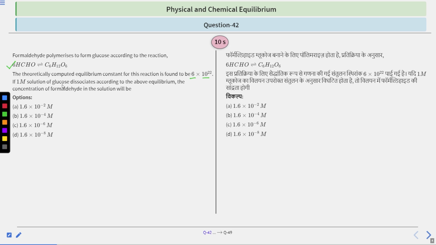If a 1 molar solution of glucose dissociates according to the above equilibrium, the concentration of formaldehyde in the solution will be. Options are 1.6 into 10 to the power minus 2 molar, 1.6 into 10 to the power minus 4 molar, 1.6 into 10 to the power minus 6 molar, or 1.6 into 10 to the power minus 8 molar.